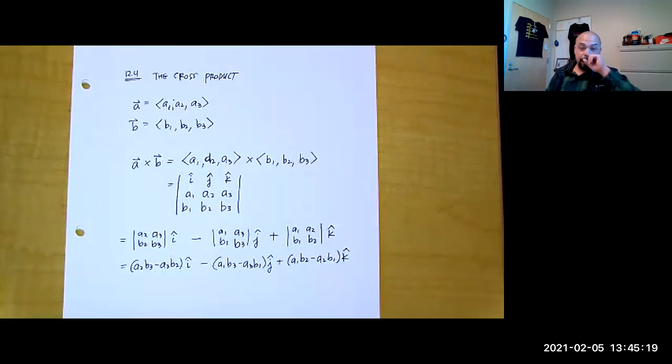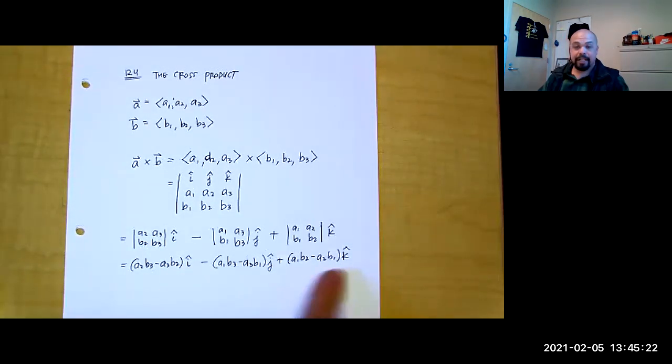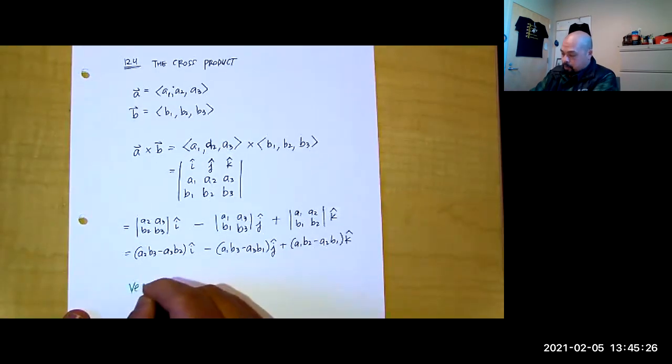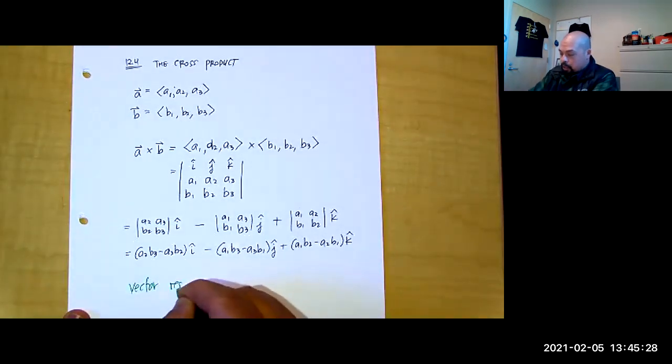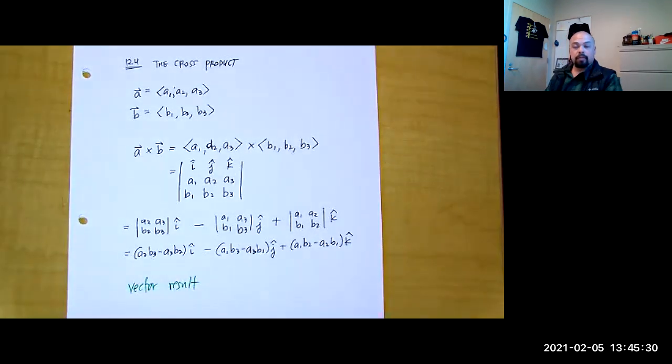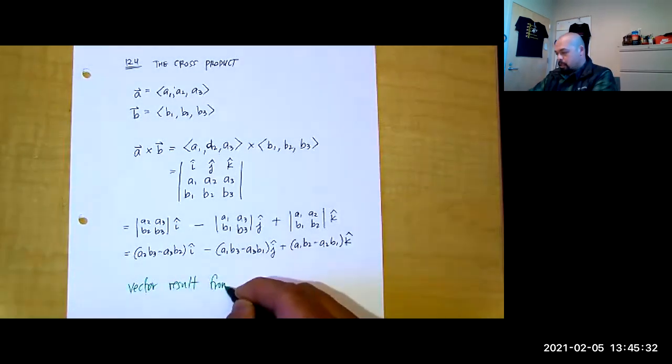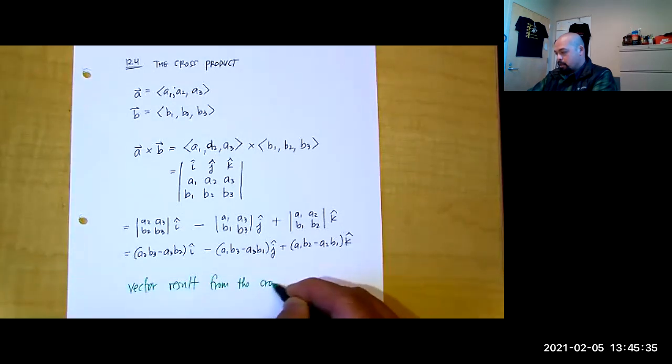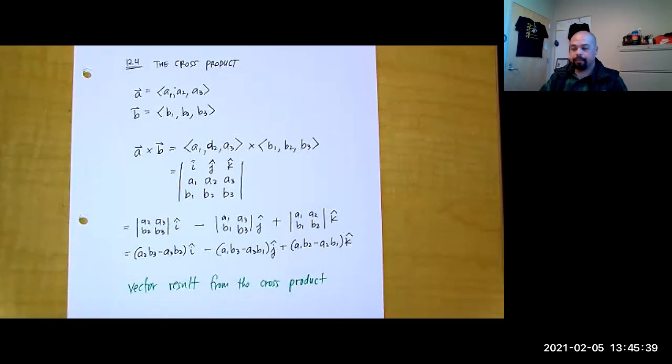But notice what happens. We're left with those I, J, K direction components. So what we find is we get a vector result from the cross product. Okay.